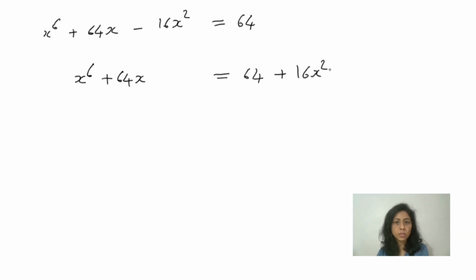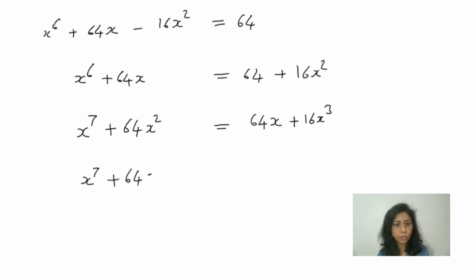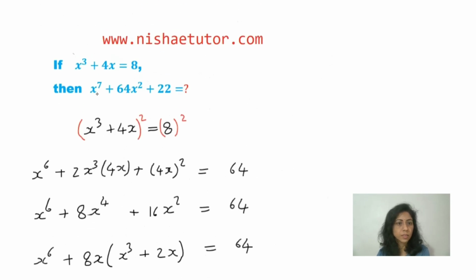It means the whole equation is multiplied by x. So x to the power 7, 64x square, and here 64x plus 16x cube. So x to the power 7 plus 64x square plus 22. Exactly, we wanted this, right?